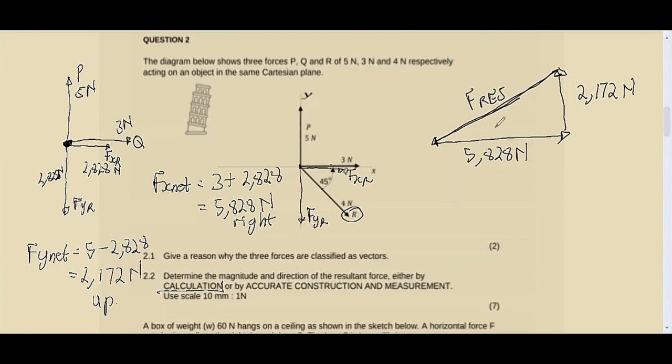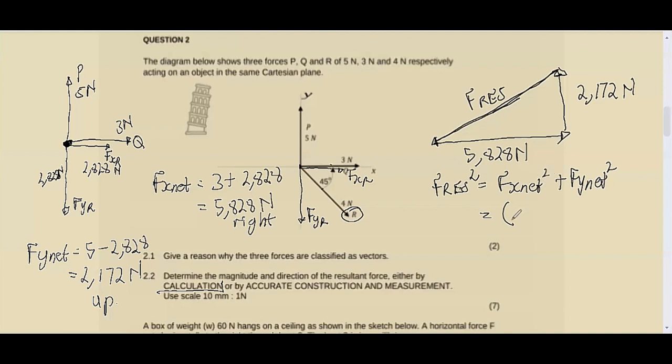That means in order to calculate the resultant force here, now I'm working with 2D, right? So I need to say my Fres is equal to the square root of Fx net squared plus Fy net squared. So I'm using the Pythagoras theorem. So this is Fres squared is equal to Fx net squared plus Fy net squared.